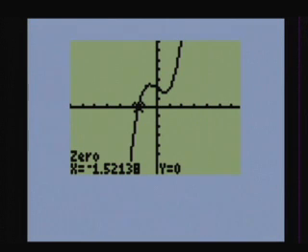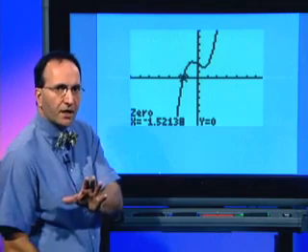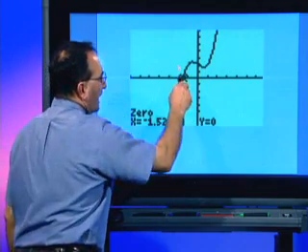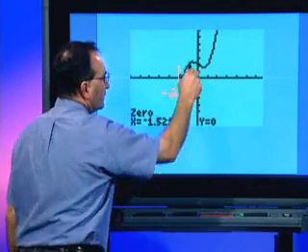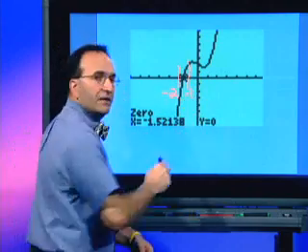And what we'll notice, if we use the calculate the zero of a function key on your calculator, is that there is a sign change between -2 and -1.